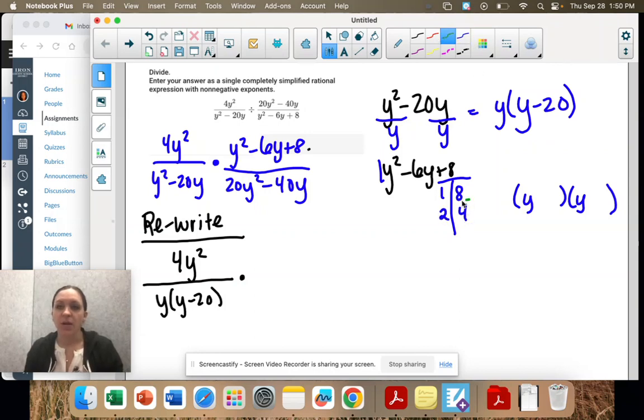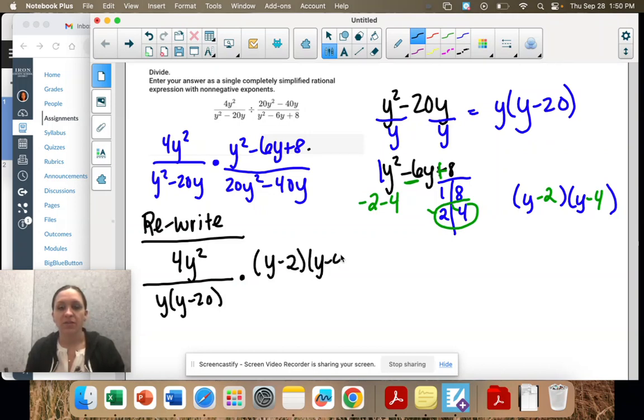And we need them to add or subtract to negative 6. So we want them both negative, right? That's how we get a positive 8. So negative 2, negative 4. And those go right into your factors. So y minus 2, y minus 4.